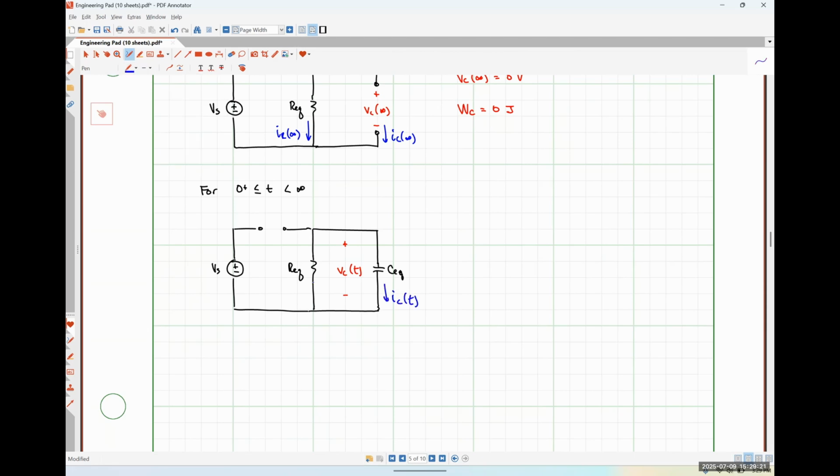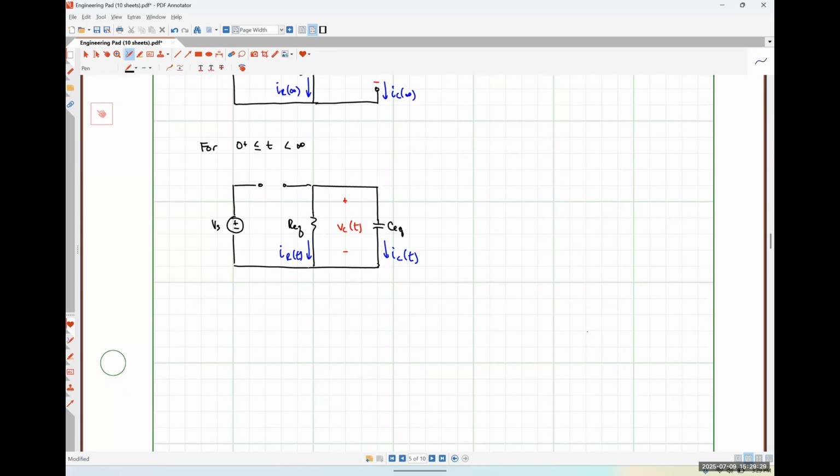Here's IC as a function of time, IR as a function of time. And if we apply Kirchhoff's current law to this system at the top right node, we'll wind up getting that IR plus IC have to be equal to 0.